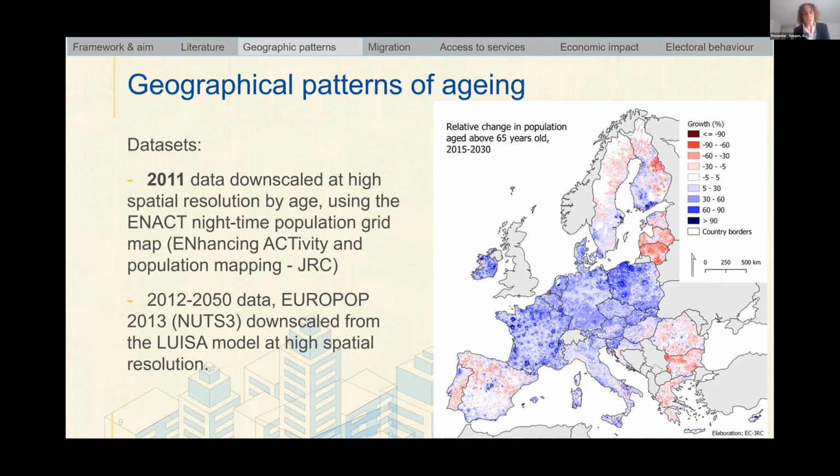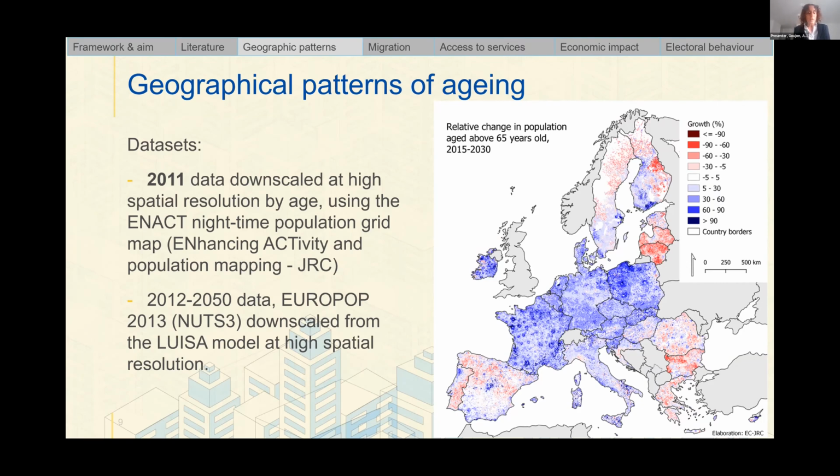The methodology, I won't dwell on it, but in a nutshell, we take the 2011 round of censuses at municipal level and downscale that to 1 kilometer grid cells by age, using the iterative proportional fitting method.